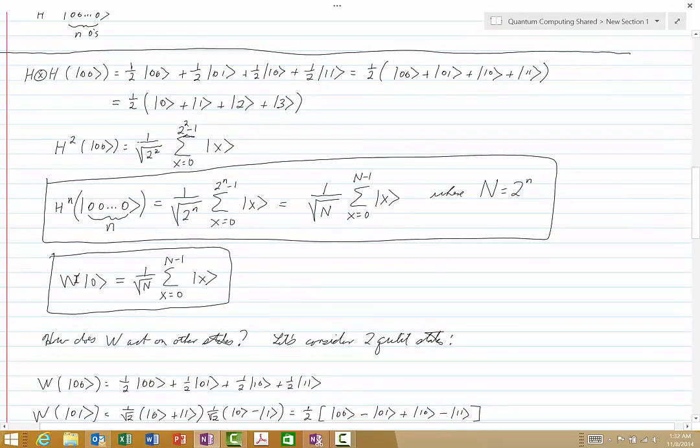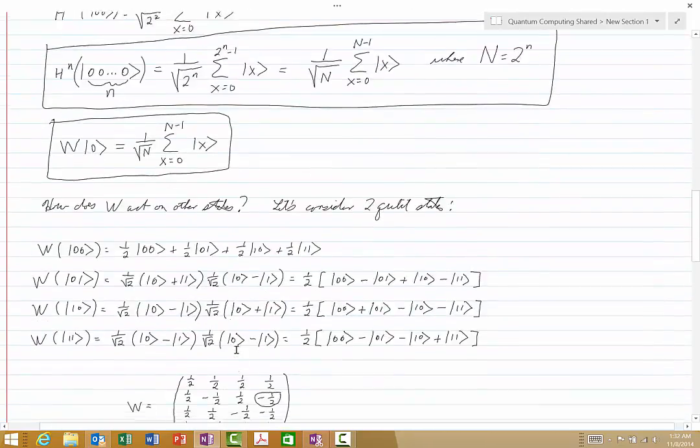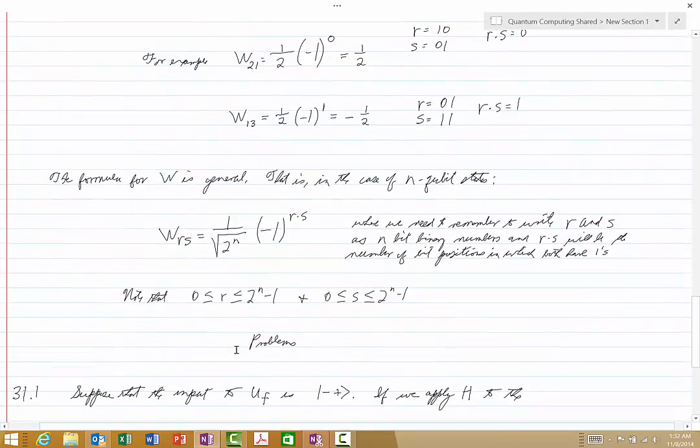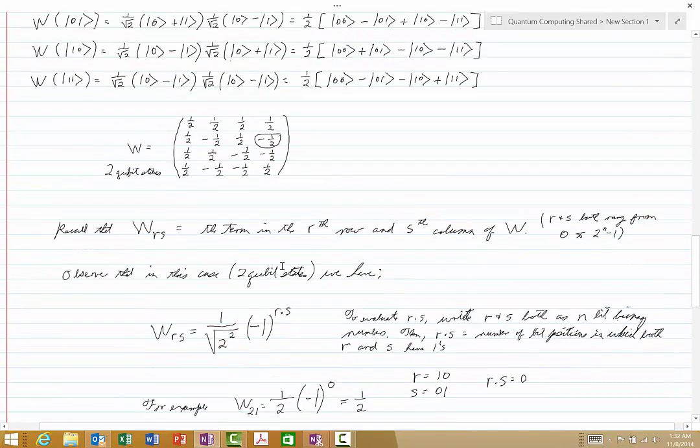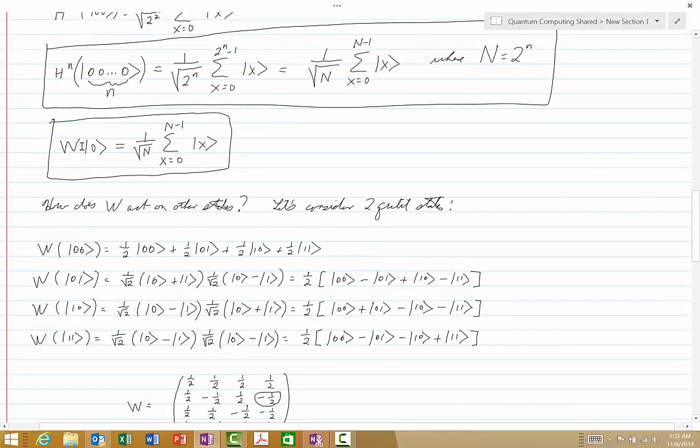Well, I won't actually prove this, but this one could be proven now in exactly the same way that we proved this formula right here. In other words, write out this W as H tensor product H n times, and each one of those will be acting on a 0, since this is the state with n zeros, and then put all those together and you will get the right hand side after just a little bit of manipulation.